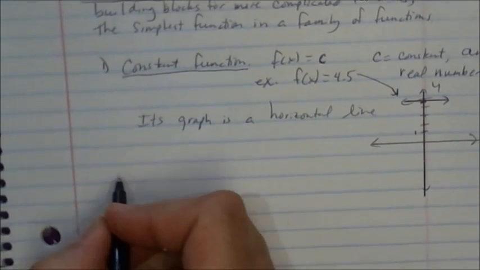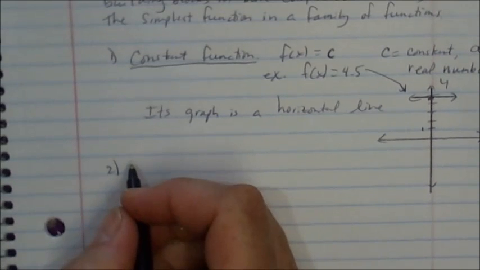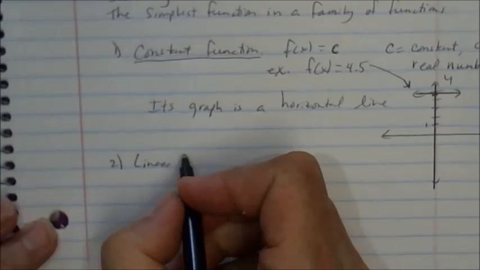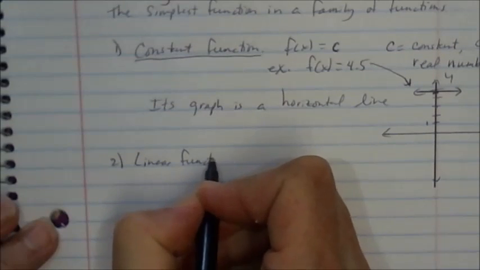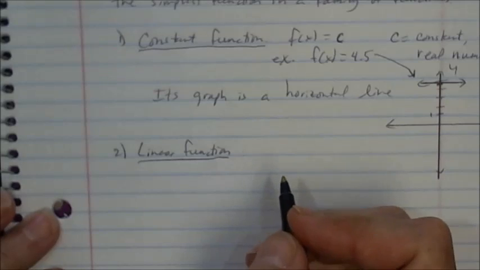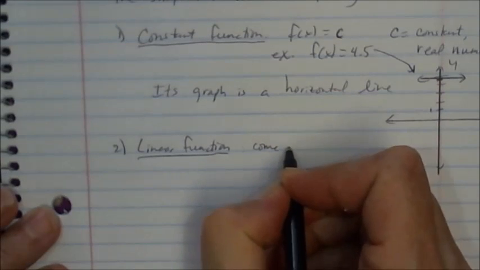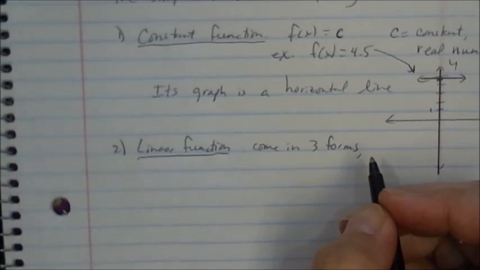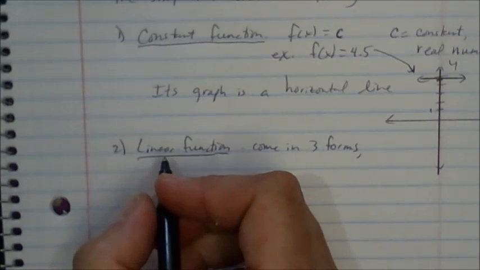The second type of parent function we're going to talk about is a linear function. You studied linear functions since Algebra 1. Linear functions come in three forms. And its graph is a diagonal or slanted line.